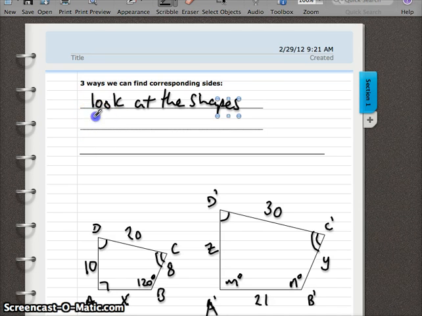One is to compare the names. So sometimes you're told that two shapes are similar and you're told their names, and you have to come up with the image. And so if you compare names, then you can figure out that the corresponding vertices are in the same order in the names like we did earlier.